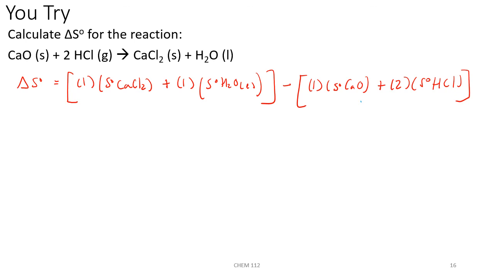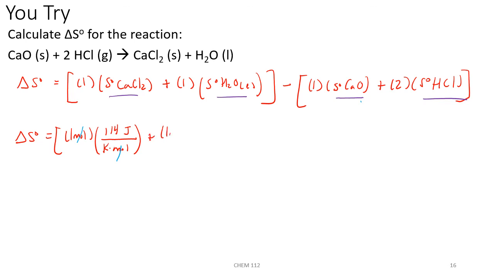So then we consult our chart of standard molar entropies for common substances, and we look up what those standard molar entropies are. Delta S for our reaction, we would have 1 mole times our value for calcium chloride, which is 114 joules per Kelvin times mole. Our moles end up canceling.